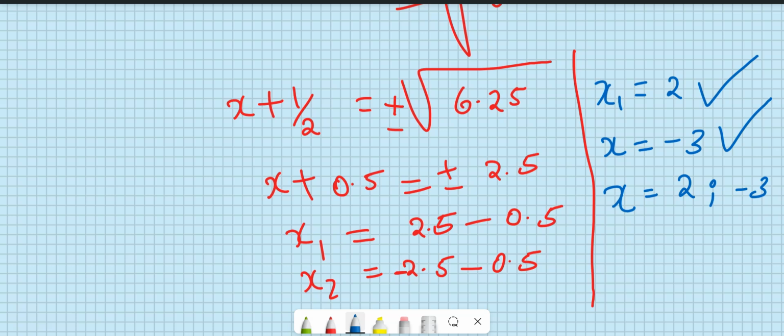Unless otherwise stated, please use the method that has been recommended. Don't ever try to look like a genius and use the method that you're comfortable with. If it's not stated, yes, you can use what you're comfortable with, but if they have specified using the complete square method and you try using factorization, whether the answers are wrong or right, you will be disqualified. The question won't even be marked.